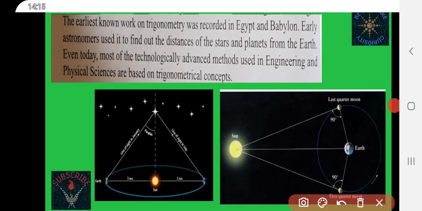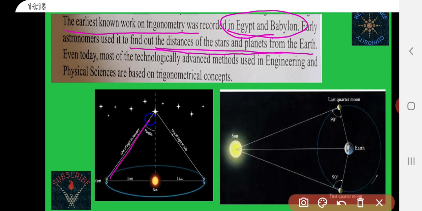See, application of trigonometry. The earliest known work on trigonometry was recorded in Egypt and Babylon. Remember these two. Early astronomers used it to find out the distance of the stars and planets from the earth.